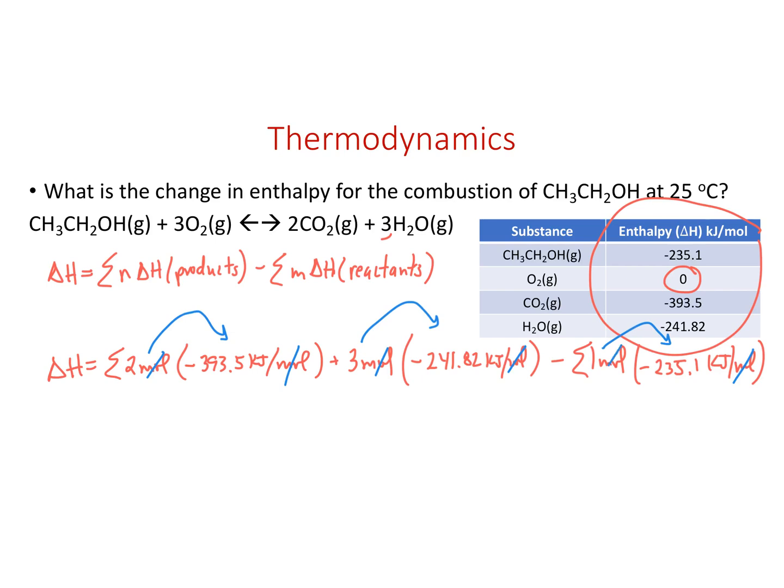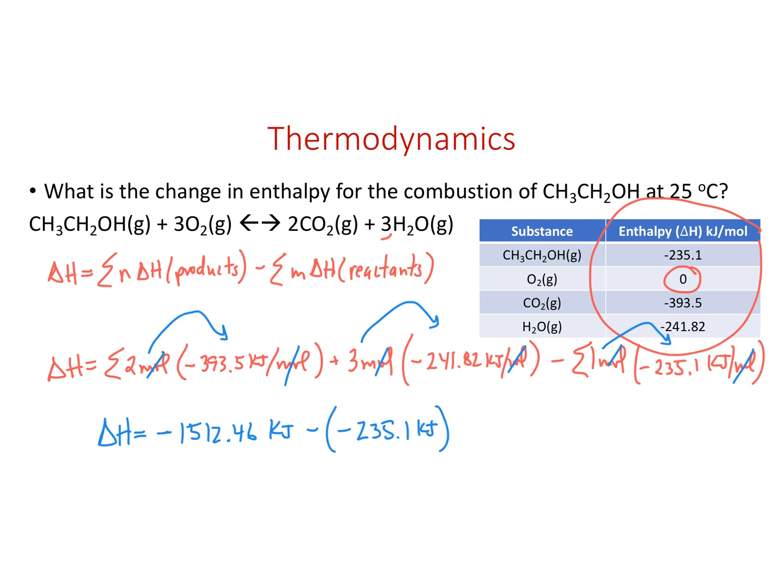And I'll get a delta H equals negative 1512.46 kilojoules minus a negative 235.1 kilojoules. So now I'm subtracting a negative.